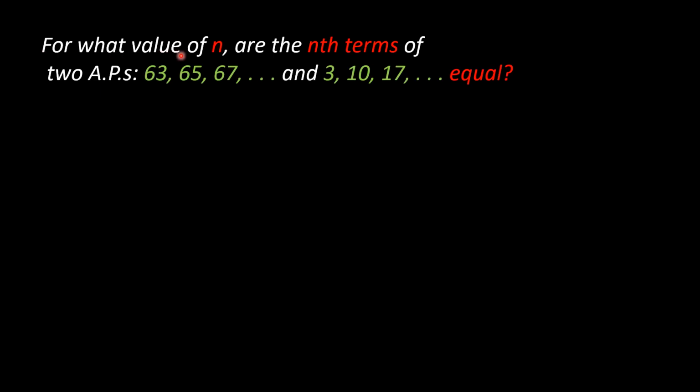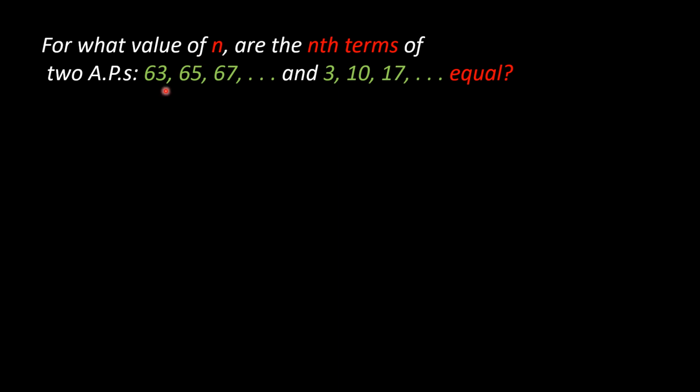For what value of n are the nth terms of the two A.P.s 63, 65, 67, and so forth, and 3, 10, 17, and so forth equal? Here we are given two different A.P.s whose nth terms are given to be equal, and we have to find the value of n.